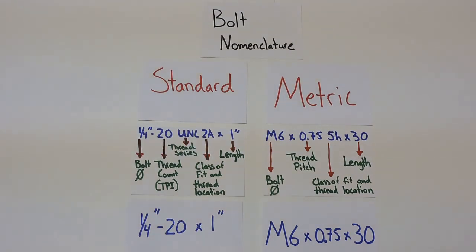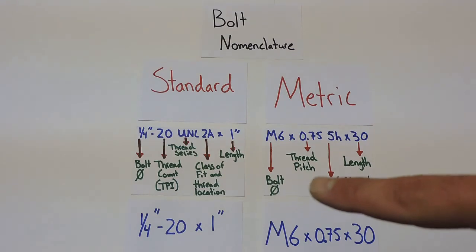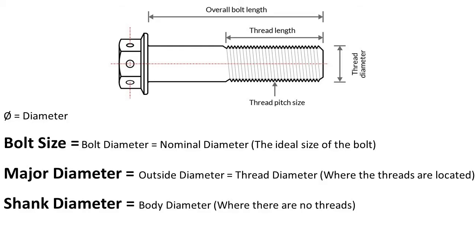Now that we know what types of information are on a bolt, let's just go over real quick how we're going to get this information. The bolt diameter will be determined by measuring the major diameter, again, which can also be called the thread diameter or the outside diameter of the bolt.